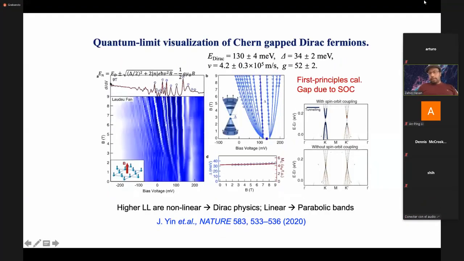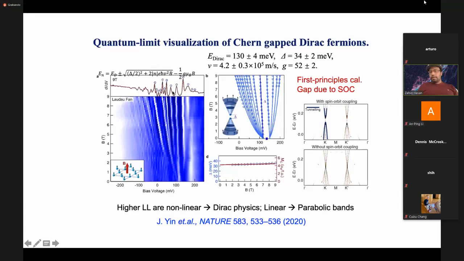And then we can look at the Landau fan dispersion in great detail, and we can clearly see the higher Landau levels are nonlinear, which is signaling Dirac physics, as opposed to linear, which would mean a parabolic band. So non-linear Landau levels suggest you can fit with a massive Dirac fermion.